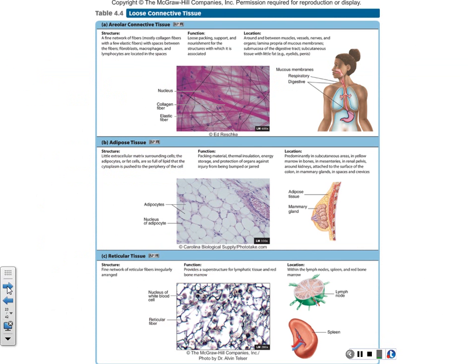And then, so we talk about each of them and just show you where you find the areolar. You see how the fibers kind of hold the organs in place. Okay, so packing, support, and sometimes nourish. So all these membranes, and the organs, the lamina propria of the small intestine as well. It's got that.